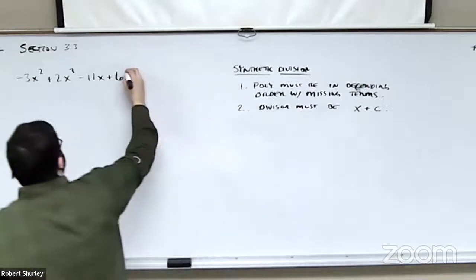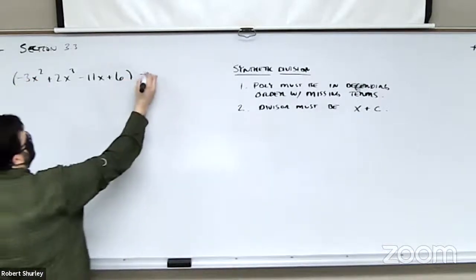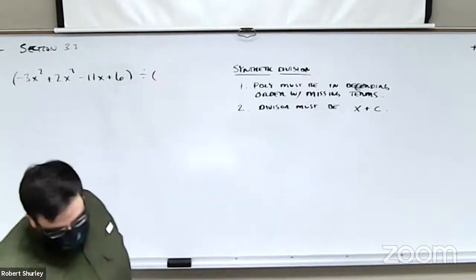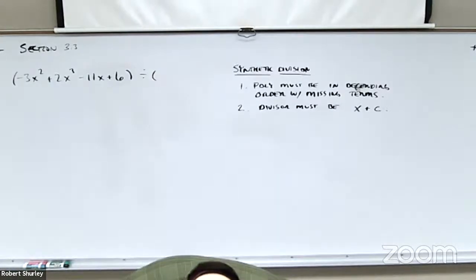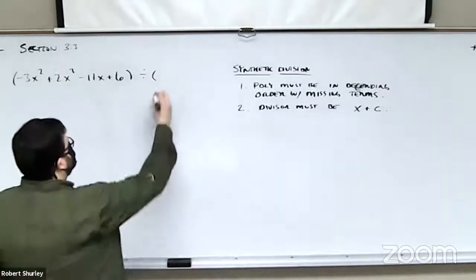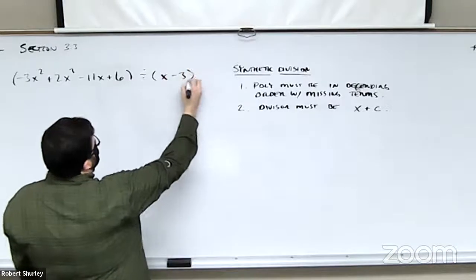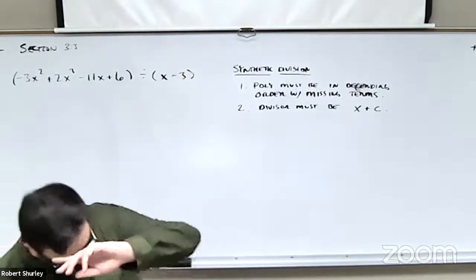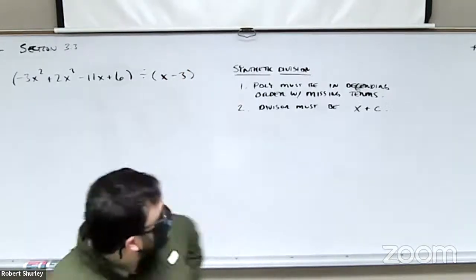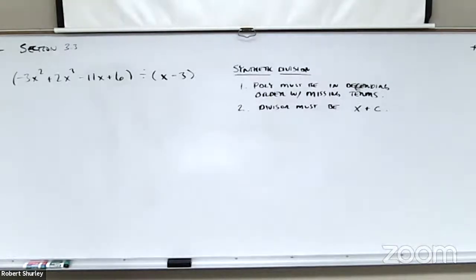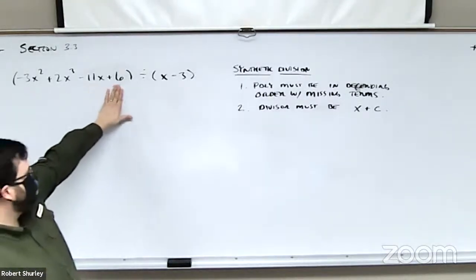Now we're going to divide this by x minus 3. So we have minus 3x squared plus 2x cubed minus 11x plus 6, and we're going to divide it by x minus 3.